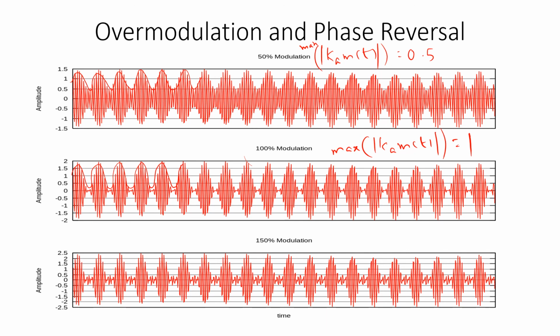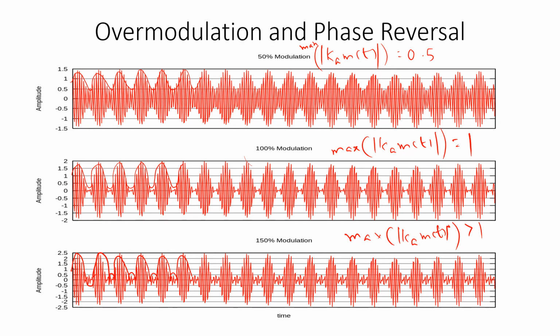But if the maximum of |ka m(t)|, that is the percentage of modulation, is greater than 1, or it is 150%, you can see this is the envelope, but we can't obtain it. Now the envelope is distorted because of this phase reversal, and it is not in correspondence with the message.